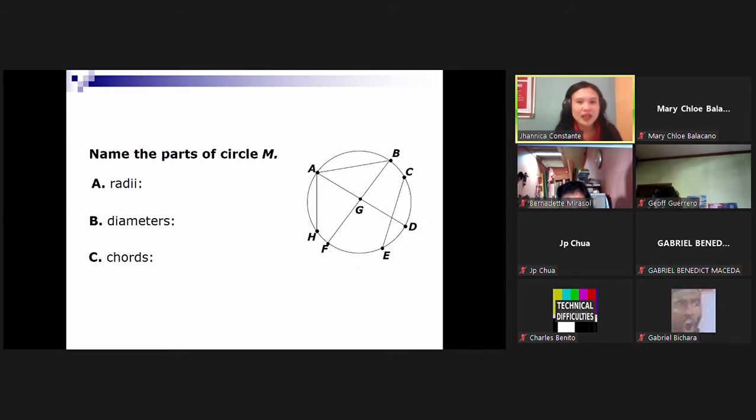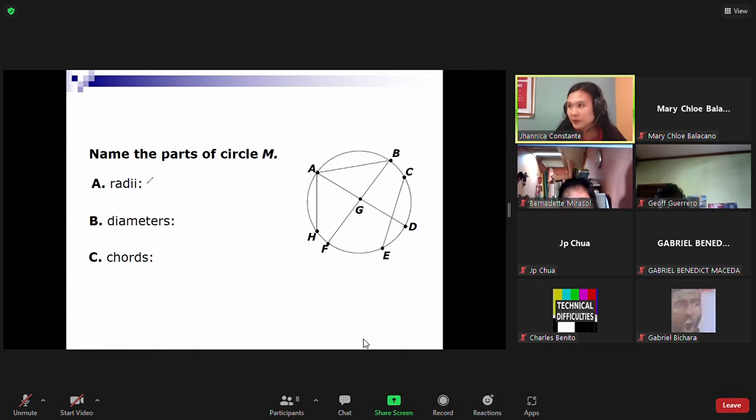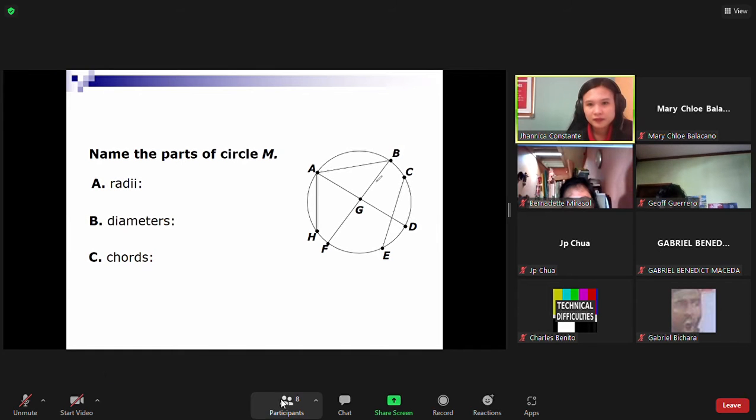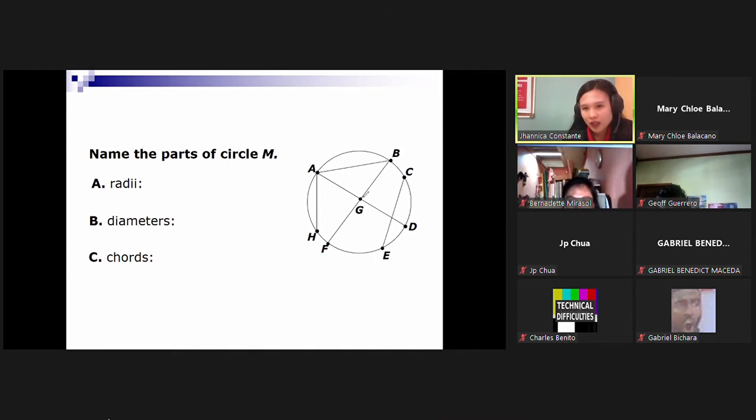So for example, we have this circle and we're going to name the parts of a circle that we can identify in it. Let's start with the radii. What are the radii that we can have in this circle? In naming radii, you name them from the center point to the point on the circumference of the circle.